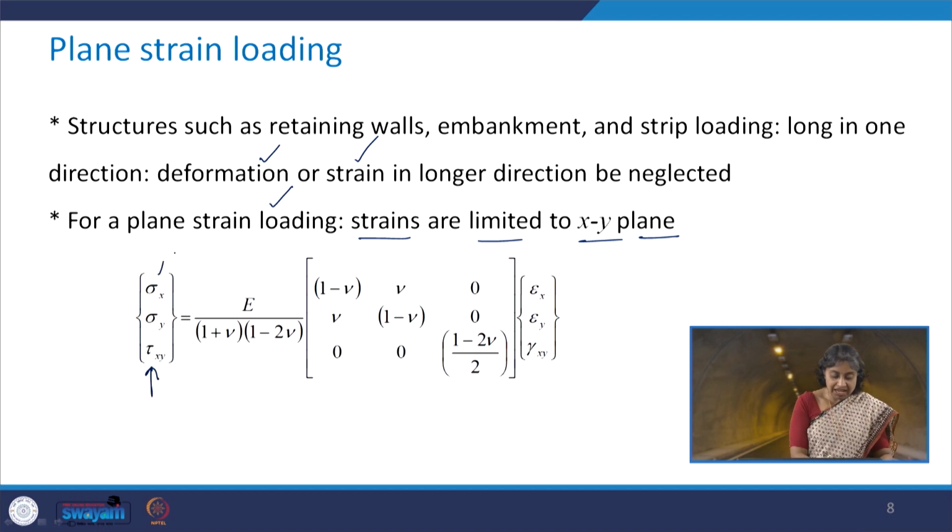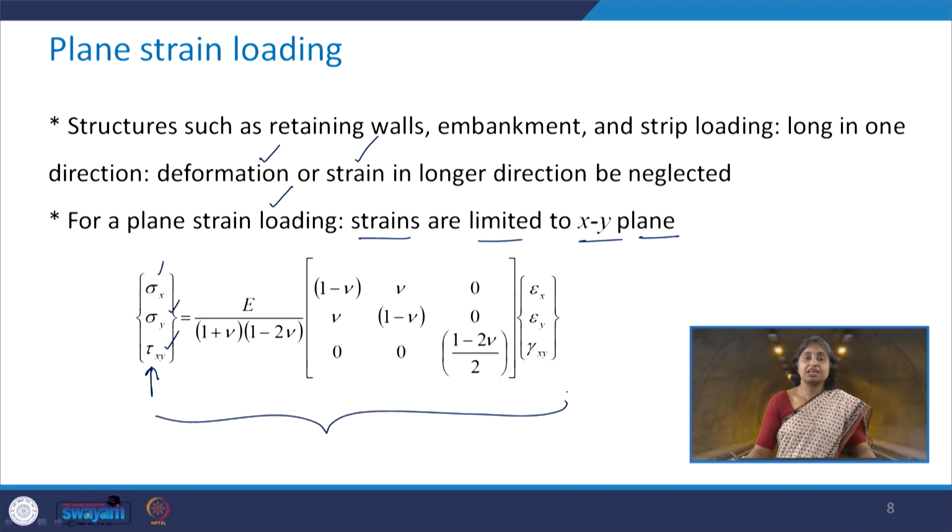So the stresses, that is sigma x, sigma y and tau xy, can be represented in terms of strain in this particular manner. Here I have written these three equations in matrix representation.